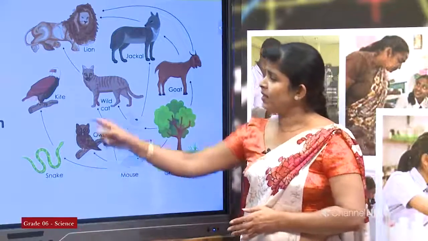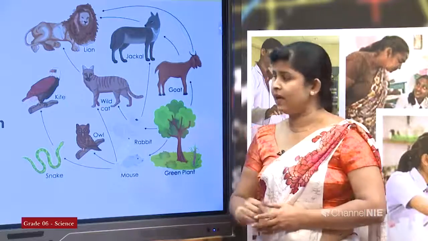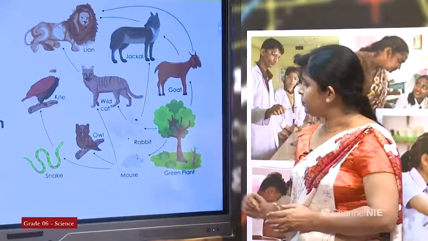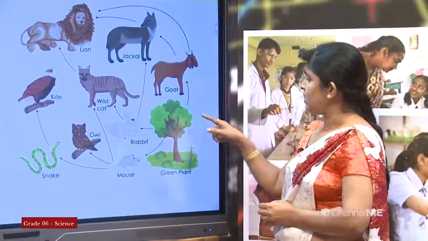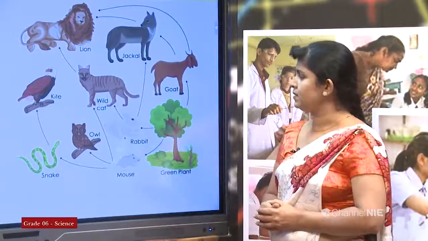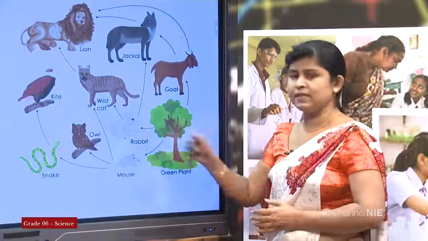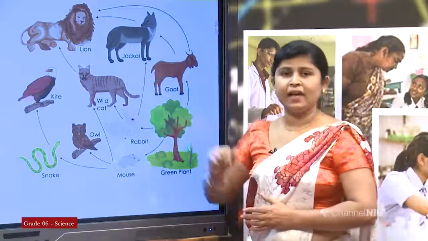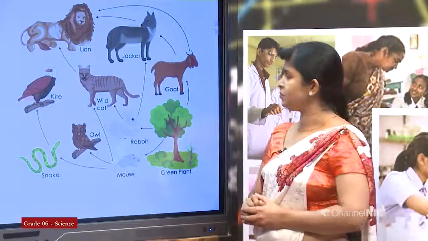Then again the kite takes the snake. Kite is a bird which can eat snakes. Then you can see the green plant is consumed by the rabbit. Then the wild cat eats the rabbit and the wild cat is eaten by the lion, right.